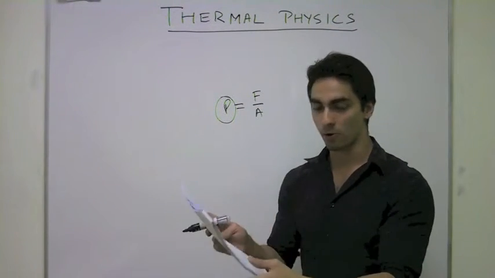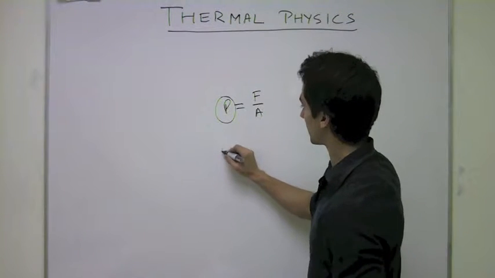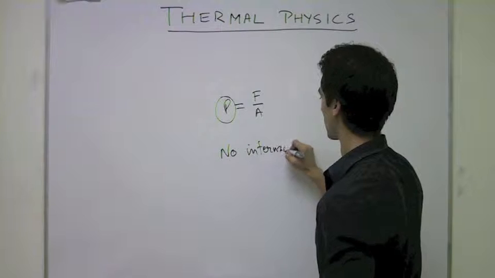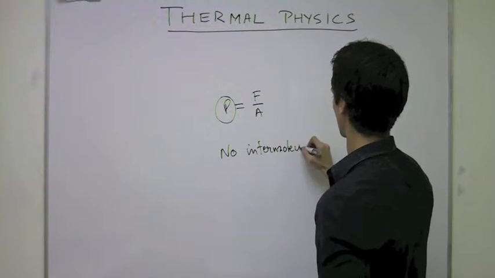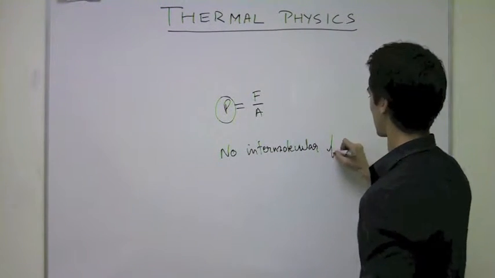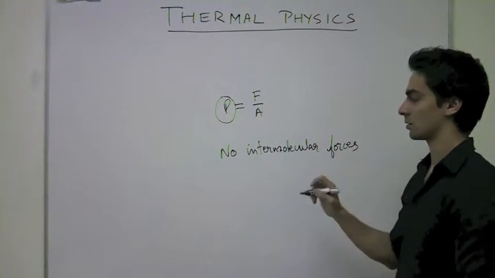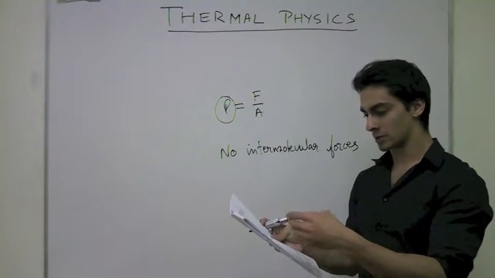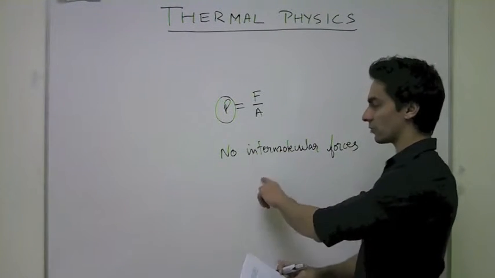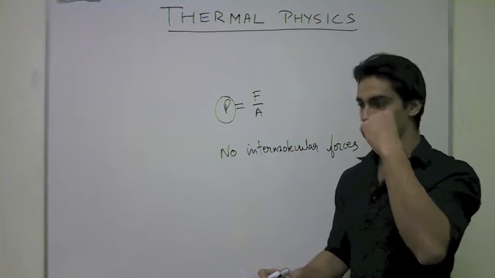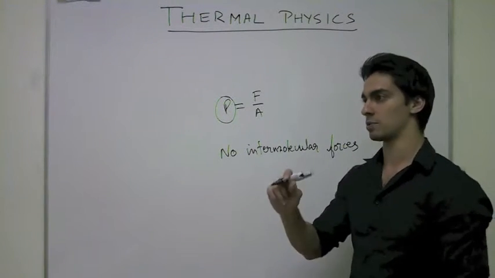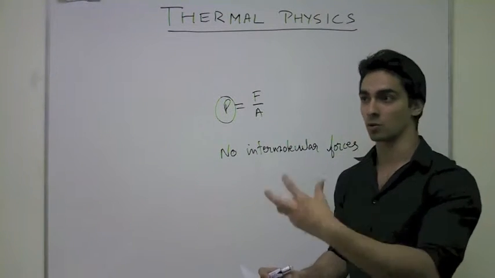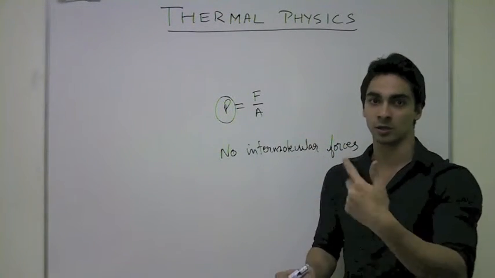The most important assumption out of these is that there are no intermolecular forces between the molecules of an ideal gas. The other assumptions are important as well, but this is key for understanding some of the behaviors of an ideal gas. For example, as we talked about in the previous part, internal energy has a direct correlation to temperature in an ideal gas.